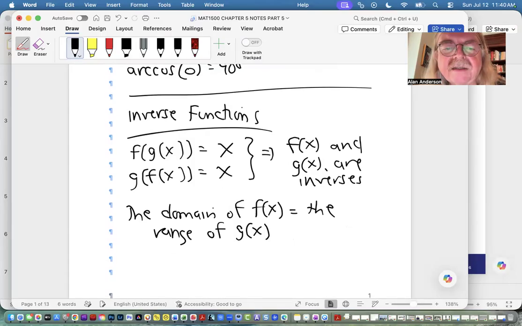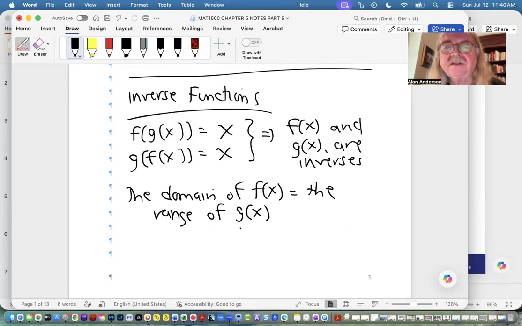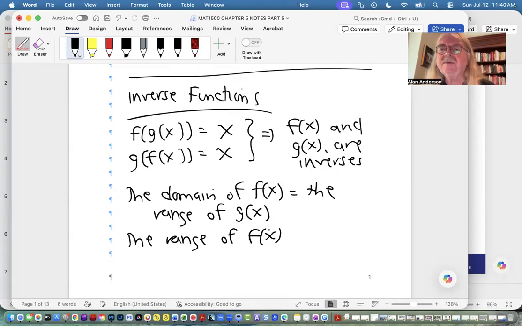The domain of f of x is the range of g of x, and the range of g of x is the domain of f of x. I know we went over this a while back, but it's been a while. So the range of f of x equals the domain of g of x.